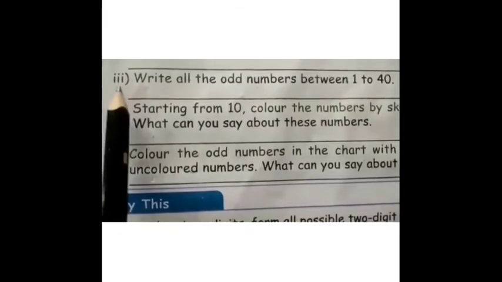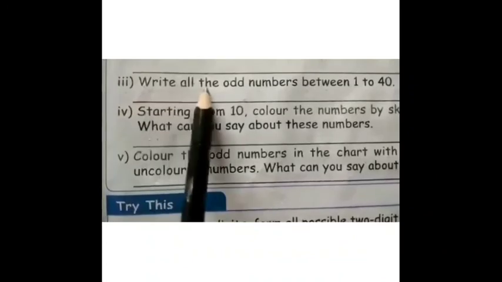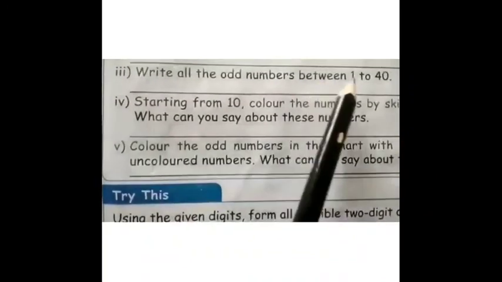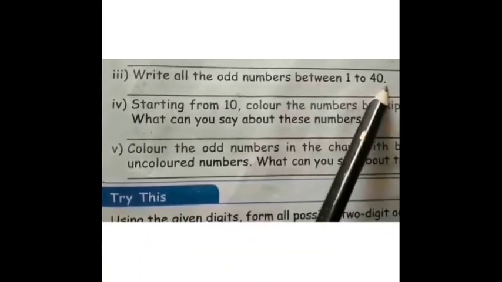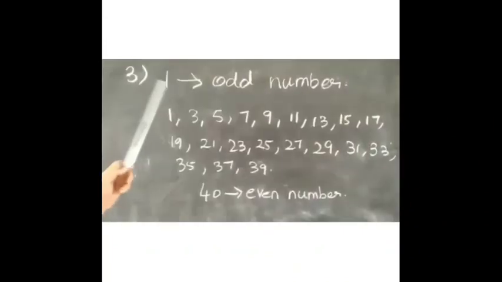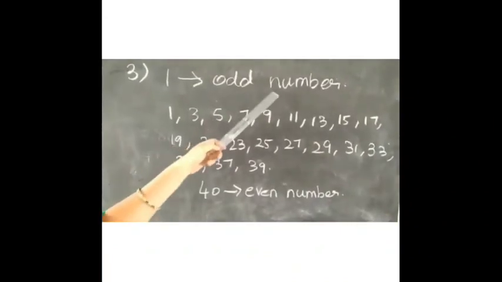Let us see the third one. Write all the odd numbers between 1 to 40. 1 is an odd number.